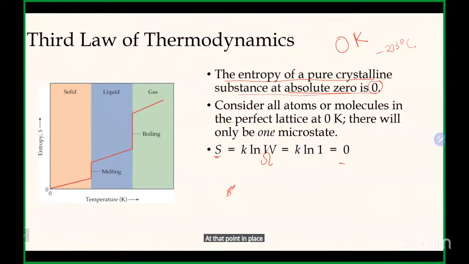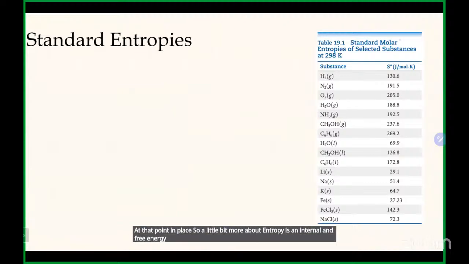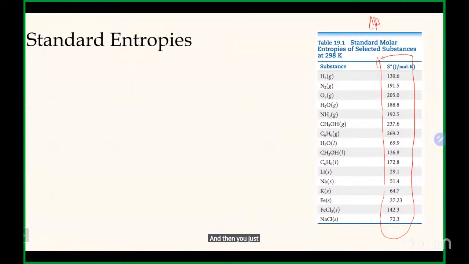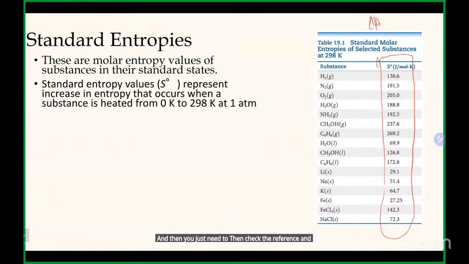So a little bit more about entropies and free energy. Just like delta H of formation, several standard entropies have been calculated for several substances, and then you just need to check the reference and know the answer. How is the standard entropy defined?